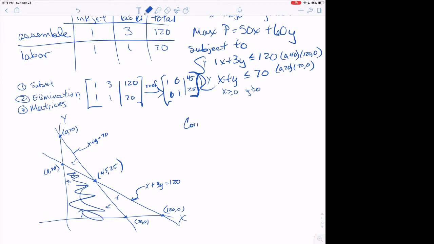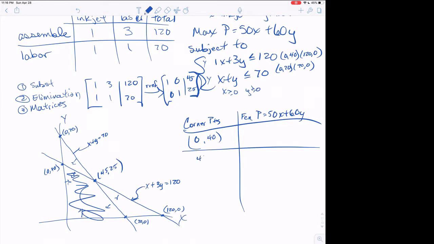So my corner points: I'm looking at 0, 40. I'm looking at 45, 25. I'm looking at 70, 0, and I'm looking at 0, 0.